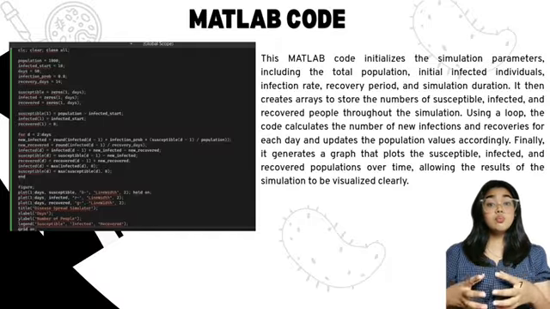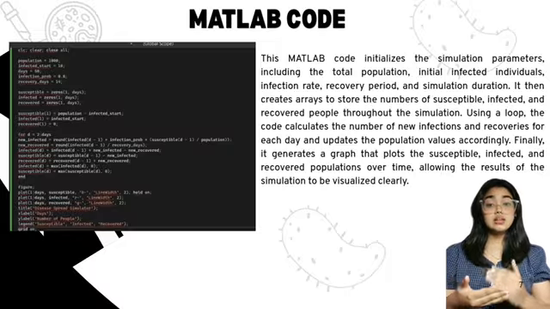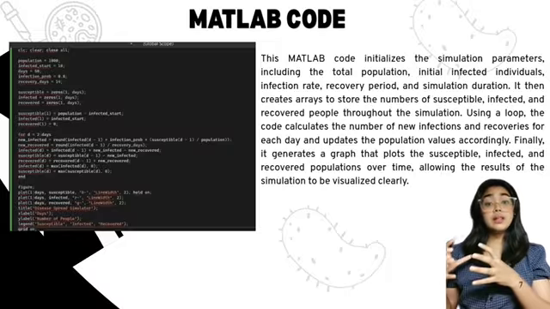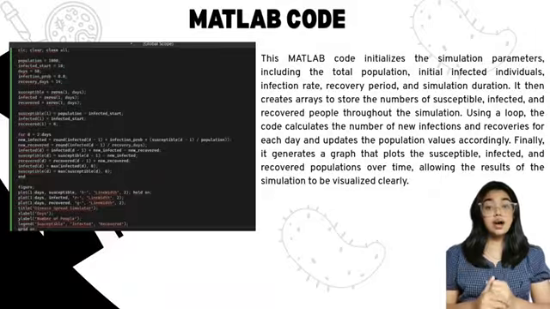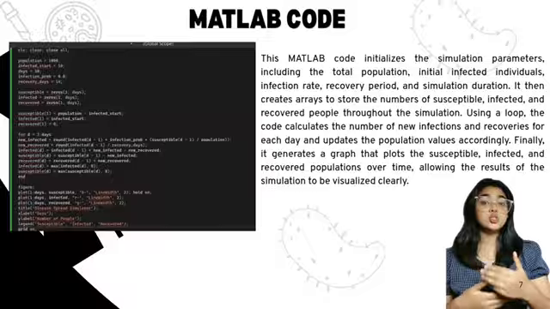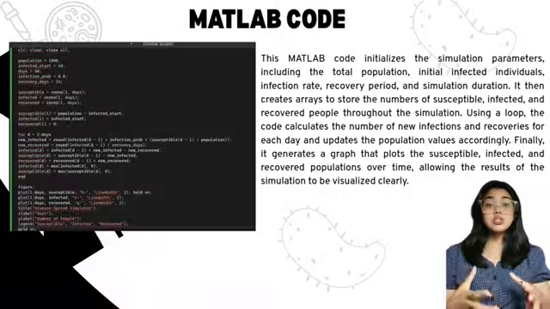It's using a loop. The code runs day by day, calculating the new infections and recoveries, and then updating the population values accordingly. Finally, it generates a graph that plots all 3 groups over time, so we can clearly visualize how the disease spread eventually slows down.